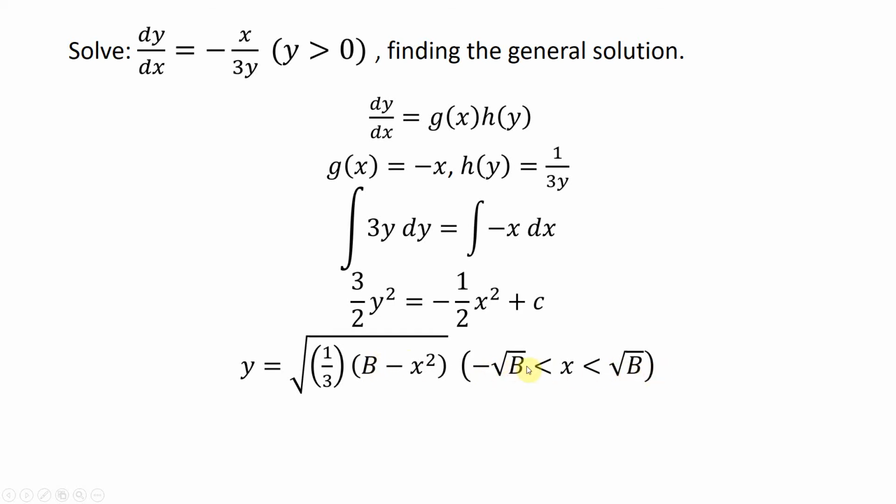If x was less than or equal to minus root b, this would be negative or 0. Similarly, if it was greater than root b, this would be negative, or if it was the same as root b, it would be 0 again. So that solidifies this equation for what values it can be true for. So that's the general solution there.